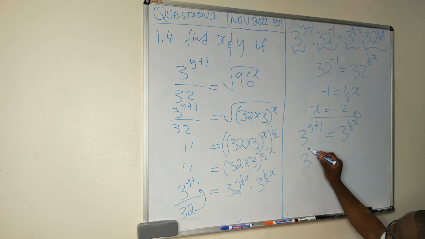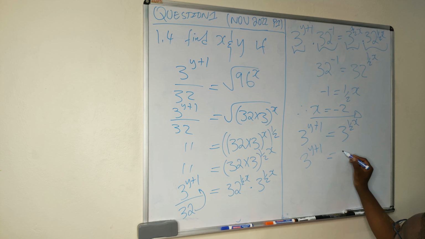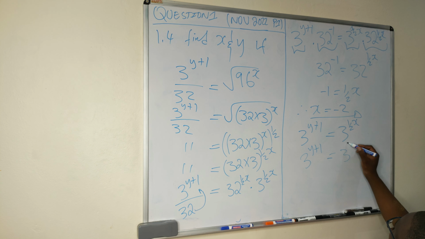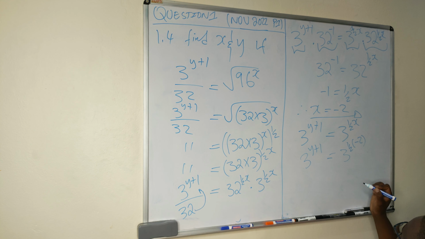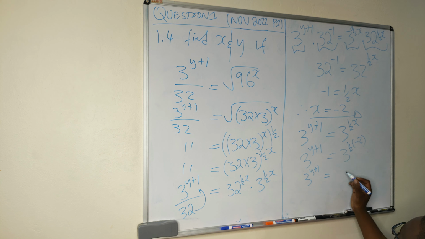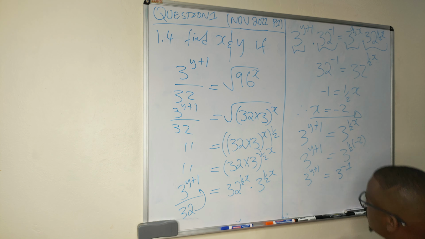So 3 raised y plus 1 is equal to 3 raised 1 over 2 times minus 2, which is our x there. Therefore, 3 raised y plus 1 is equal to 3 raised minus 1, right?